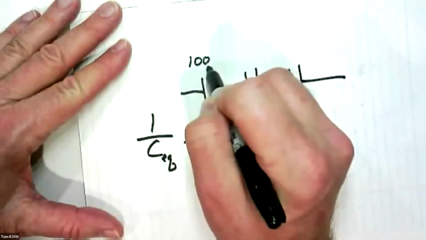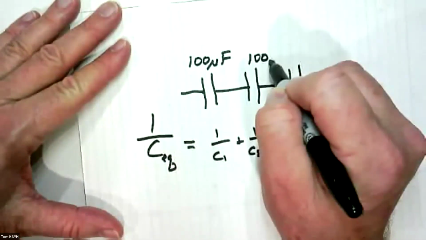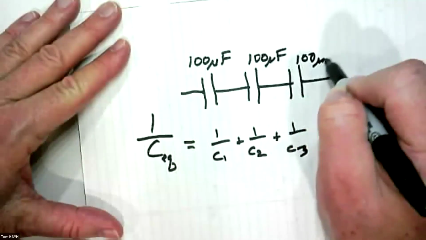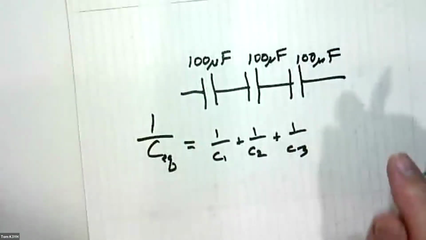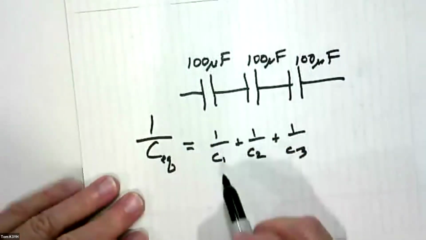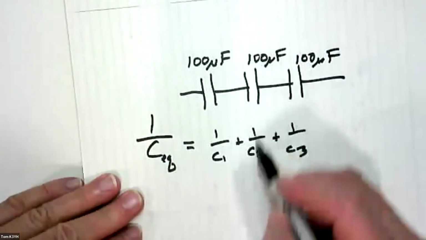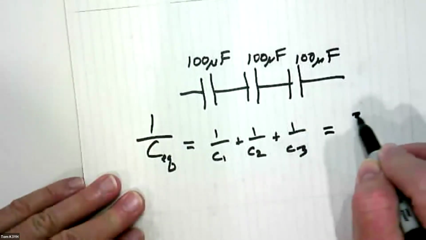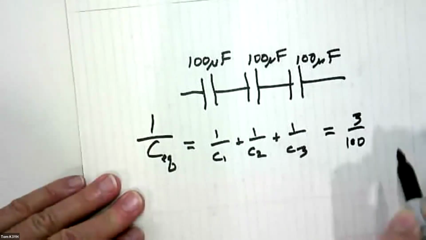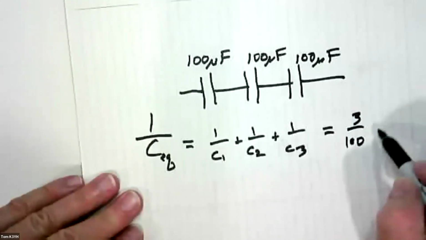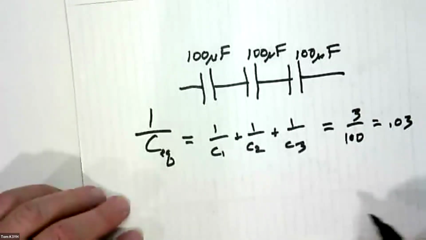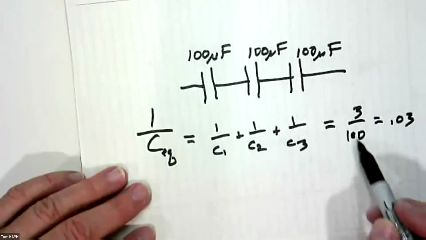So this is 100 microfarad, and this is 100 microfarad, and this is 100 microfarad. Okay, so I got 1 over 100 plus 1 over 100 plus 1 over 100. So that's going to be 3 over 100, and that's 0.03. Okay, so you can do this either way.